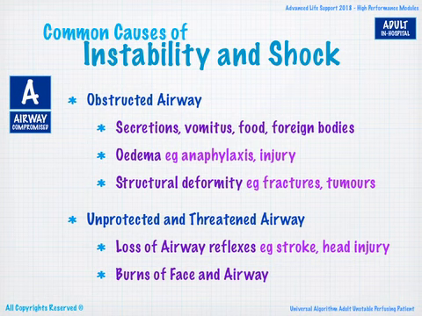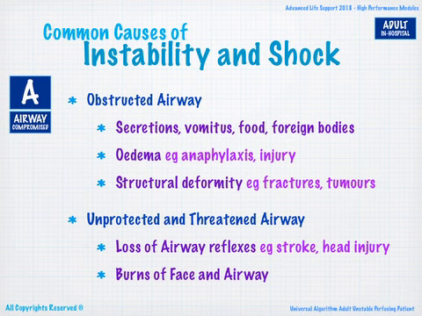It may be obstructed by edema, example in anaphylaxis, or in injury over the mouth, the throat, or the neck. It can be due to a structural deformity as a result of fractures of the mandible, of the maxilla, of the neck, of the hyoid bone, or so on. Or it can be a structural deformity as a result of growth or tumors.